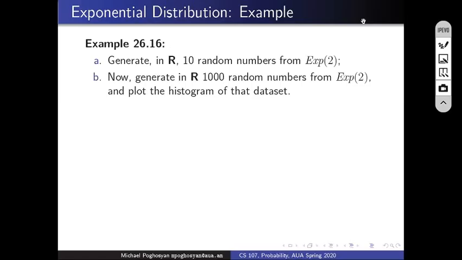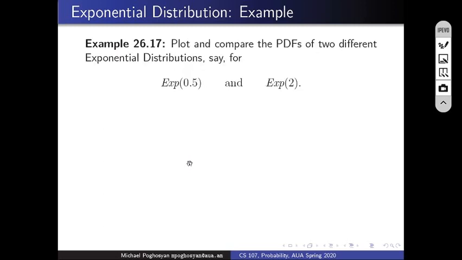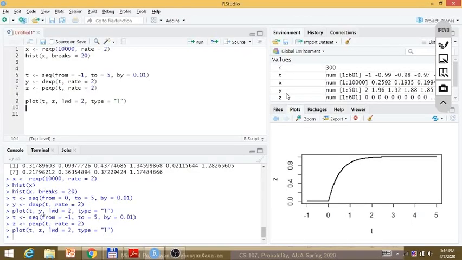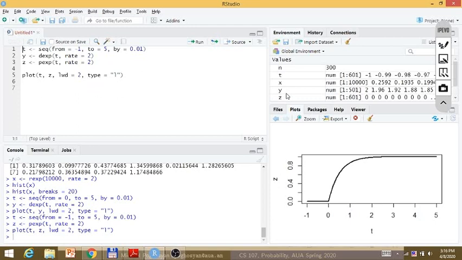Let's go back to our lectures. Okay, the next one, plot and compare PDFs of 2 different exponential distributions, say exponential 0.5 and exponential 2. Okay, I need to go back to our R. We have for exponential 2, so I'm erasing this. This is not important for us. t is running from, well, I can draw from 0.